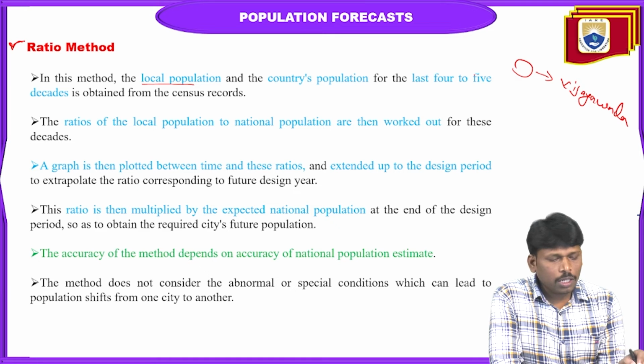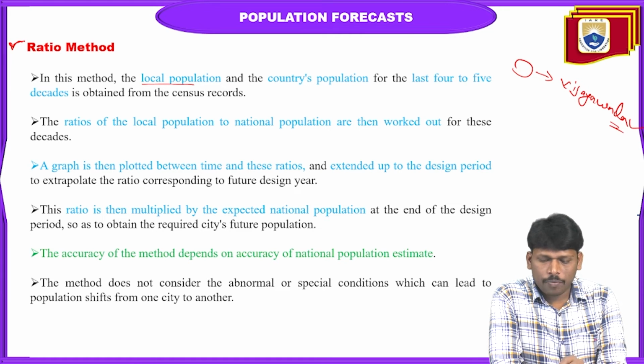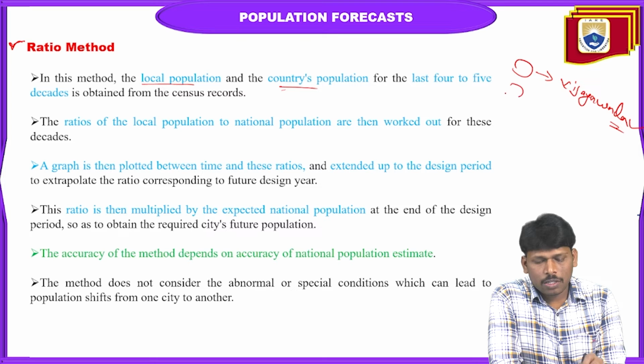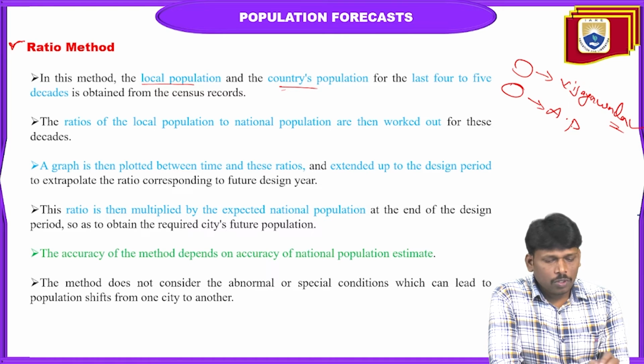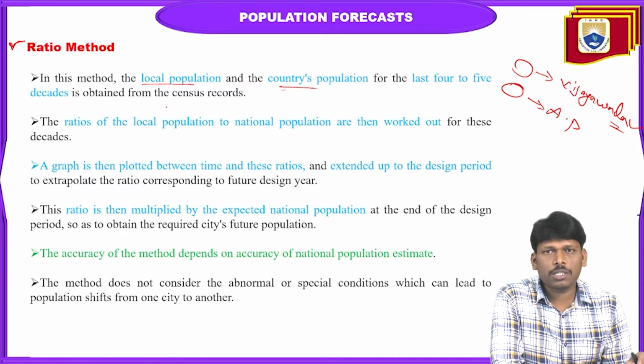Here the local population is Vijayawada, and the country population is Andhra Pradesh. These two populations for the last 4 to 5 decades are to be obtained from the census records.